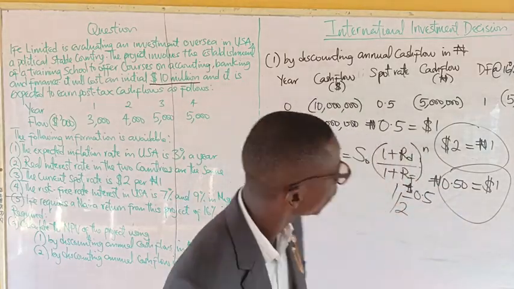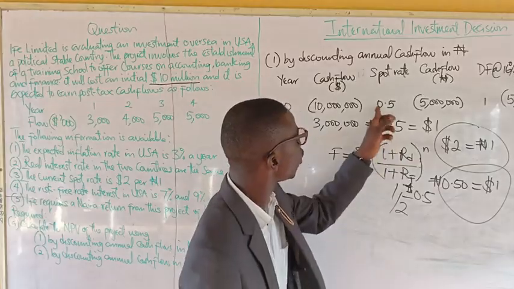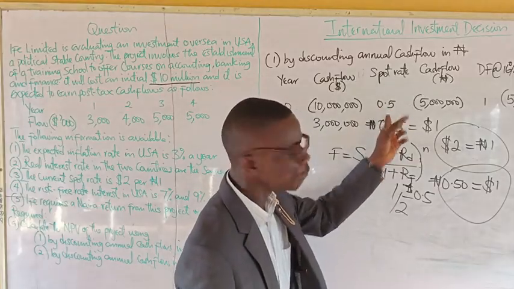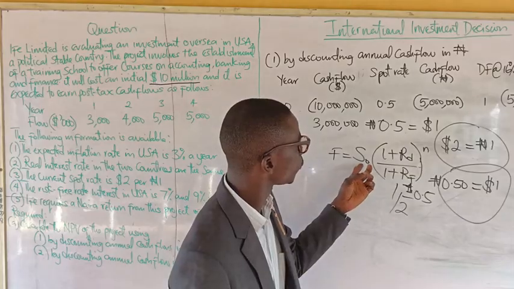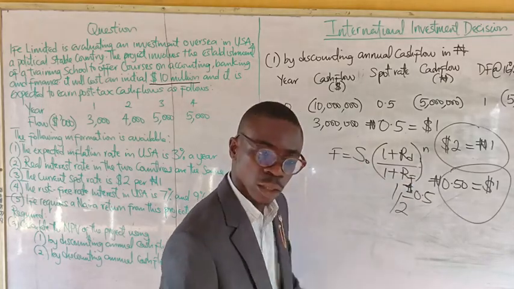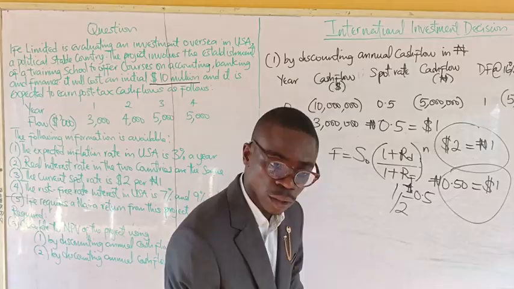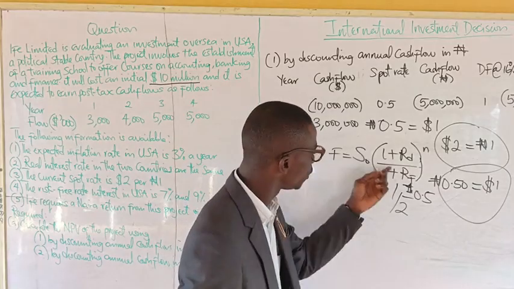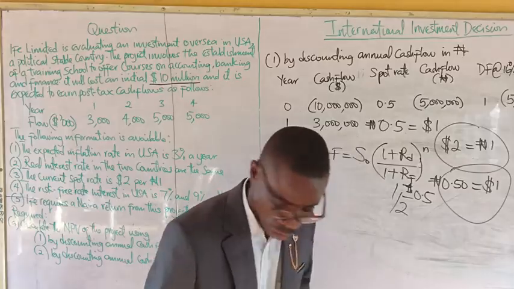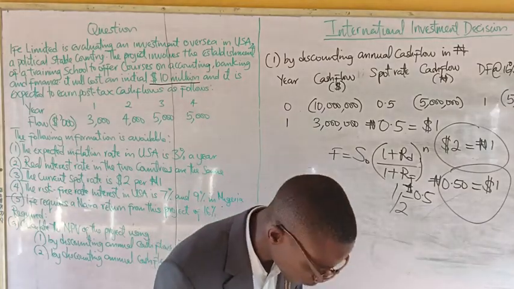That is direct. So you can't be using 0.5 as the spot rate and be using indirect. Are we together? So the formula you use will be direct. Do you understand it now?